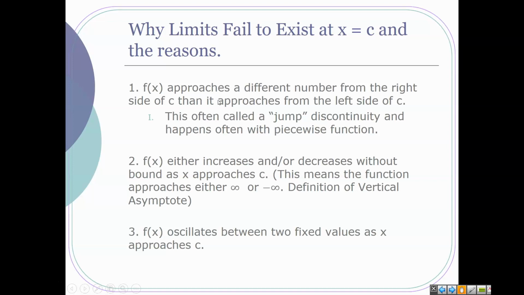Let's talk about when a limit would fail to exist. In that definition for when it must be true, we said the left must equal the right. So a case where it would fail to exist would be the left-hand limit does not equal the right-hand limit. An example of that would be jump discontinuity from a piecewise function.